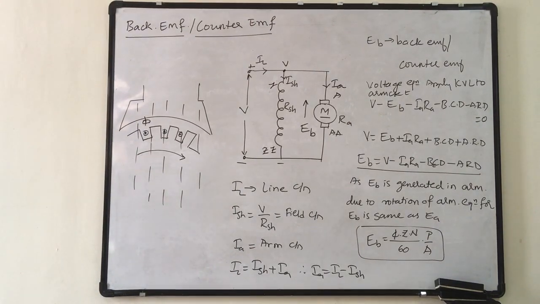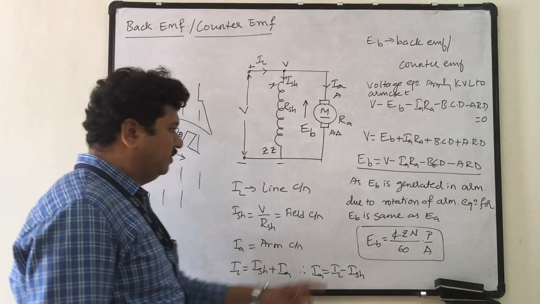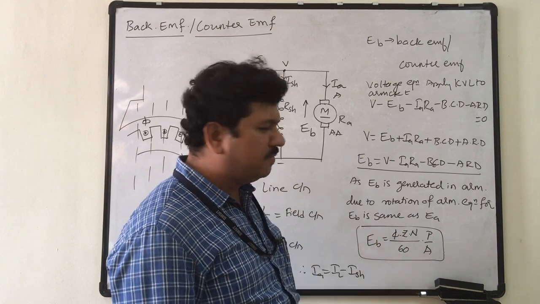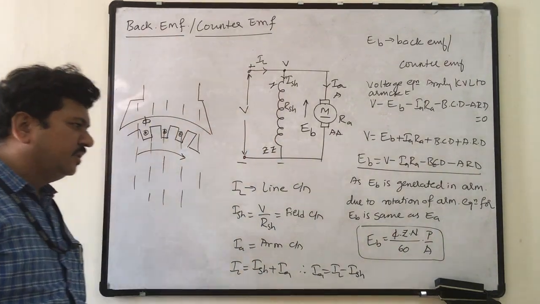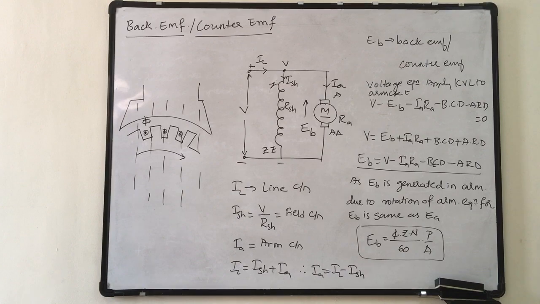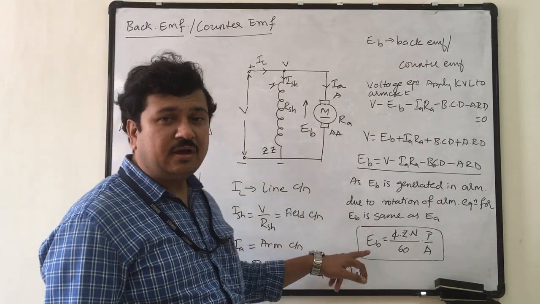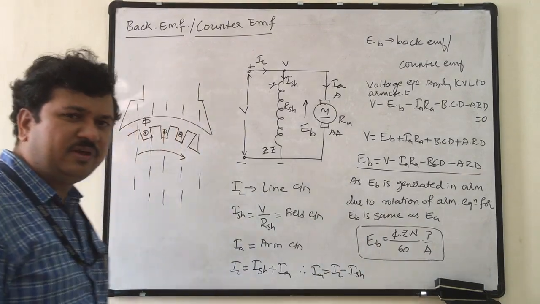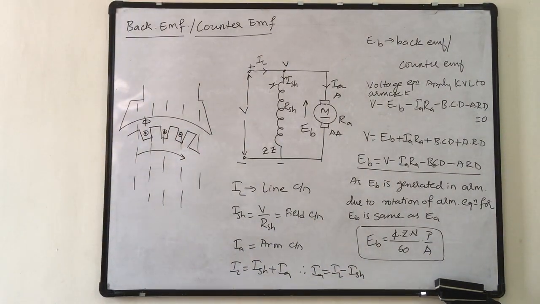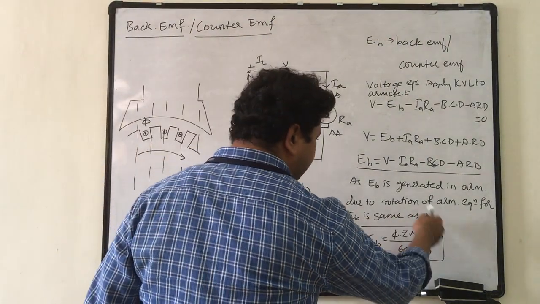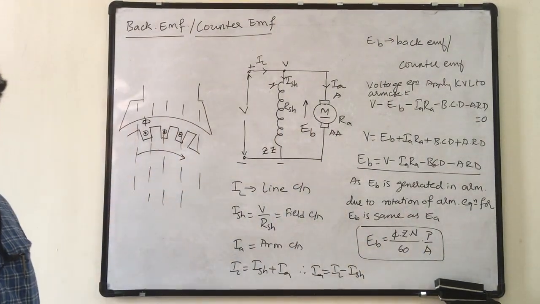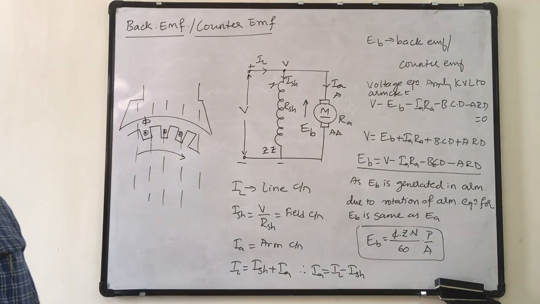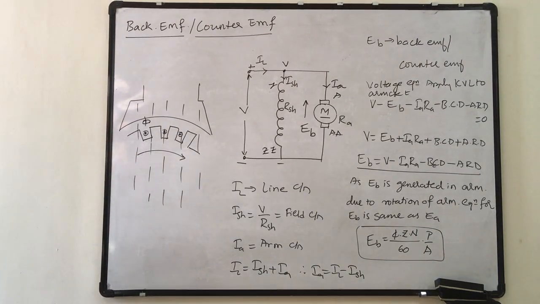In DC motor that equation becomes the back EMF, because the way in which EB is generated is the same way as EA is generated. Therefore, the EMF equation of back EMF is same as that of armature generated EMF in case of generator. Okay?